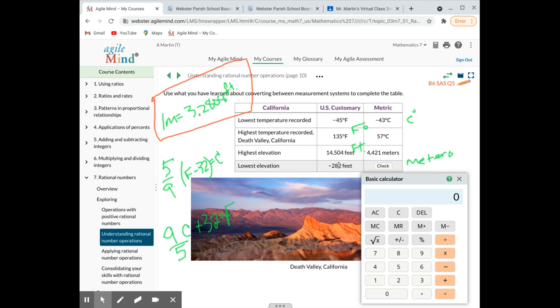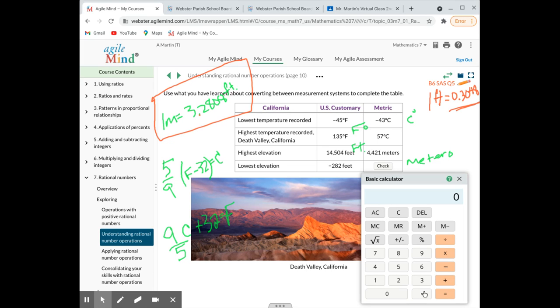All right, then we got one left. Lowest elevation is negative 282 feet. Now we got to convert it to meters. So 1 foot, what was it equal to? 0.3048. All right, so what do I need to do with my feet and this number right here? Multiply. Yeah.